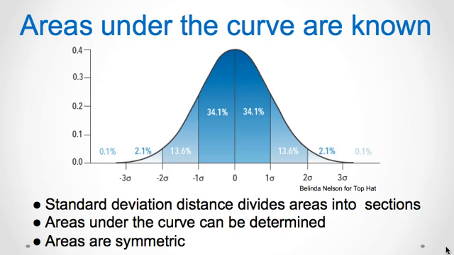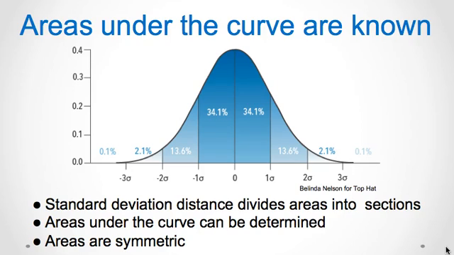The third characteristic of normal curves is that their areas are known. All normal curves are defined by their means and standard deviations. This figure shows the standard normal curve with its mean equal to 0 and its standard deviation equal to 1.